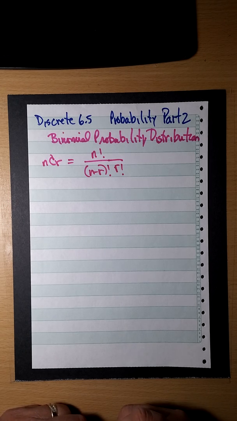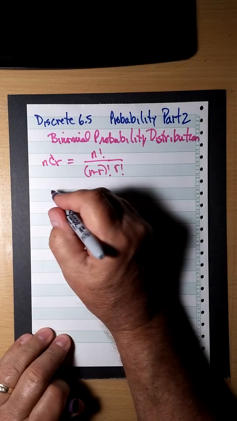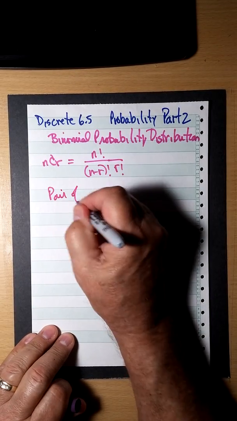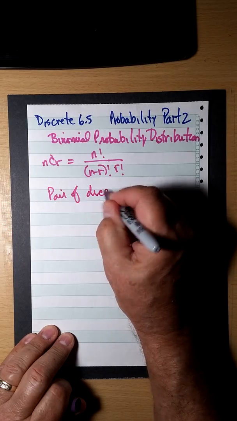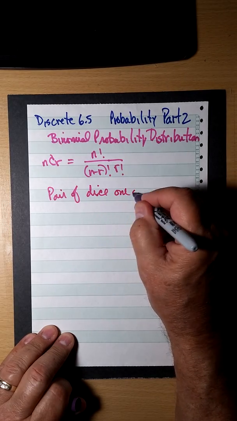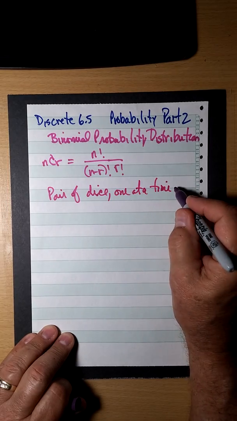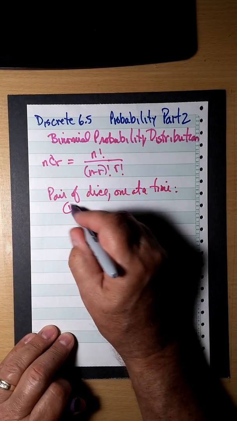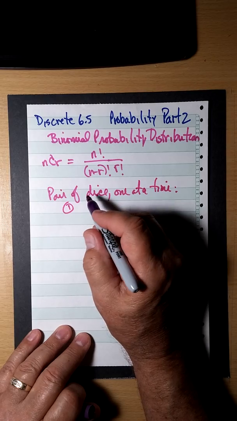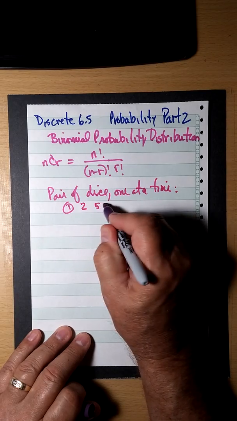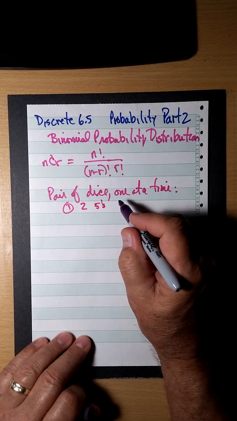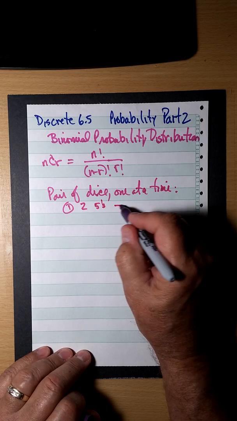So let's suppose we're playing a game. This guy named Chuck came up with it. You toss a pair of dice, one at a time. If you get 2 5s, then you get $5.